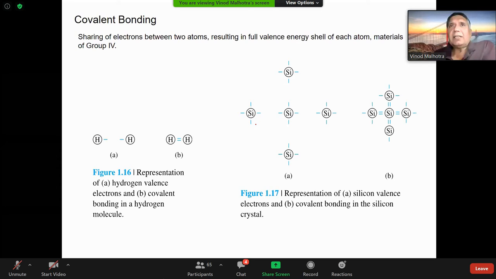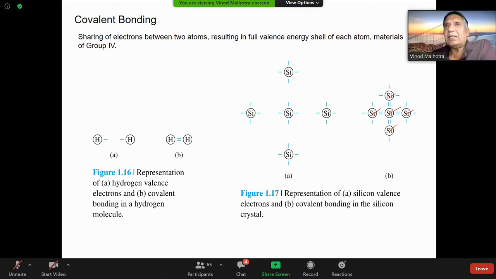So if you look at the silicon atom by itself, it looks like this. But when it is bonded, you would see that this silicon atom shares one electron with this one, and so does the other one, right? So you see all these sharing one electron with 4 nearest neighbors.